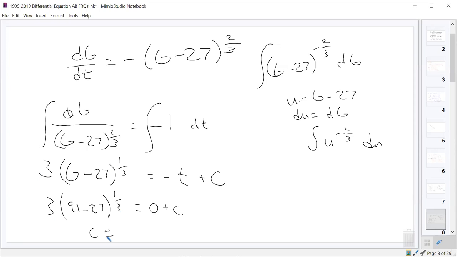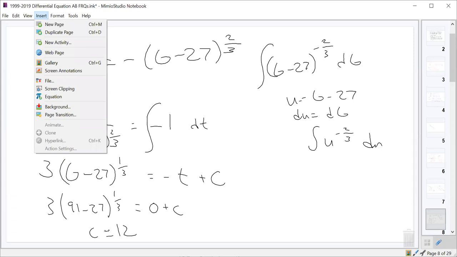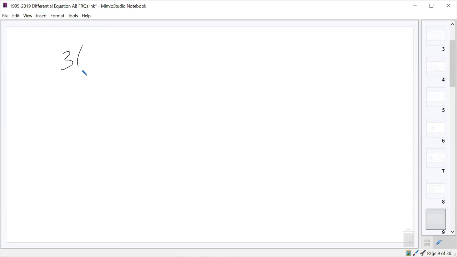That's the cube root of 64, which is 4, times 3, which is 12. Everybody good with that? Any questions or issues there? Okay. So we've now got 3 times g minus 27 to the 1/3 equals -t plus 12. Everybody good there?